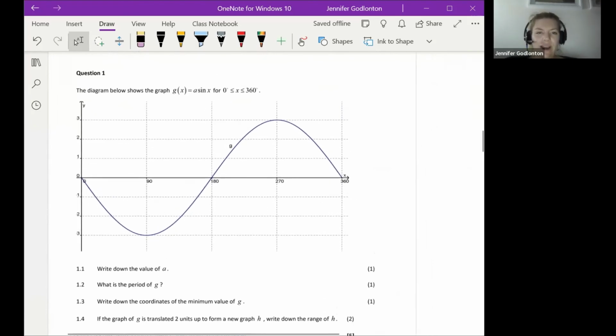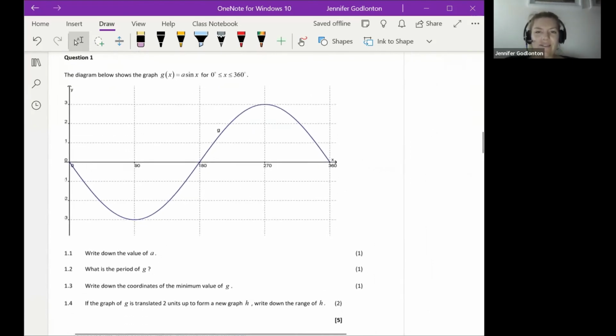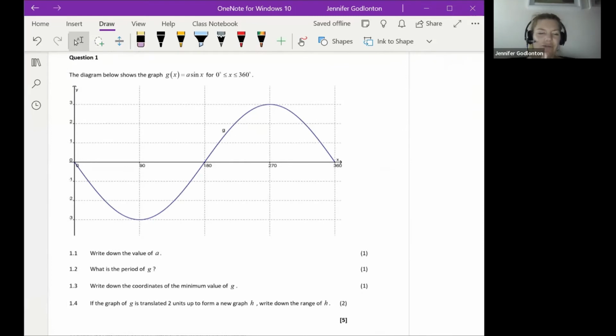So what you have in front of you is a trig graph. How exciting. The diagram below shows the graph g of x is equal to a sine x for 0 degrees less than x less than 360 degrees. Okay, so first of all, what is that 0 to 360 telling me?